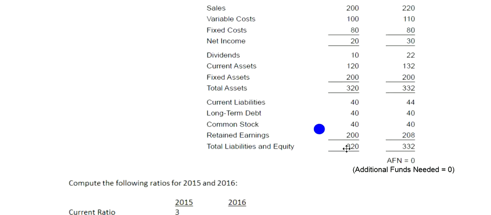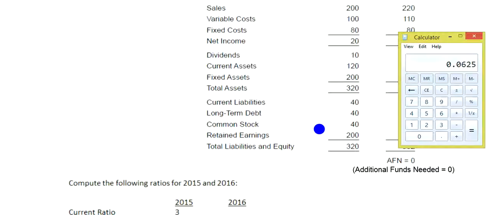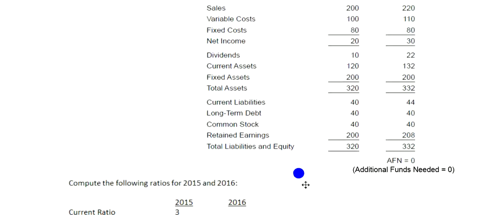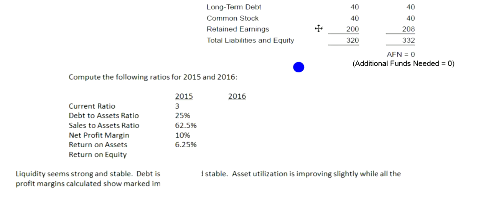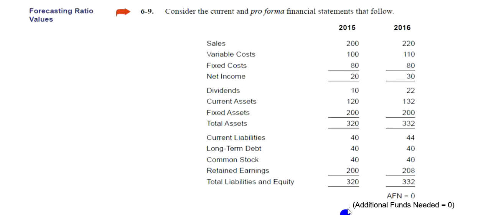So 20 over 240. Hope I'm right. These are things you can always just look up, but let's make sure. 20 divided by 240 equals 8.3%, right? Because that's 0.08. It is 8.33%. So that gives us all of our ratios for the current year, 2015.